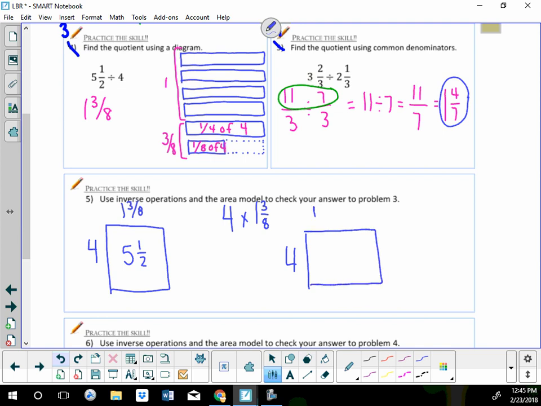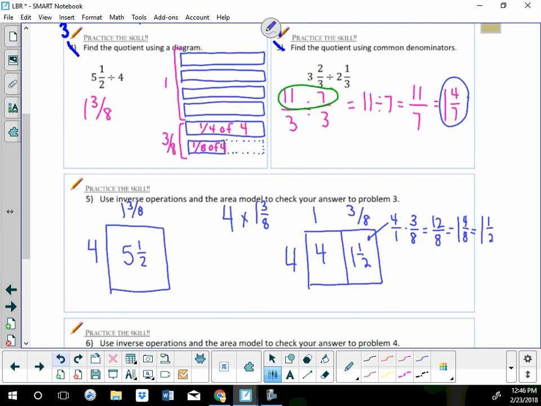I know that 4 times 1 is 4, and 4 times 3/8, 4/1 times 3/8, is the same as 12/8, which is 1 4/8, which is the same as 1½. So if I add those two parts together, I can see that these together are 5½. So I do have the correct answer there.